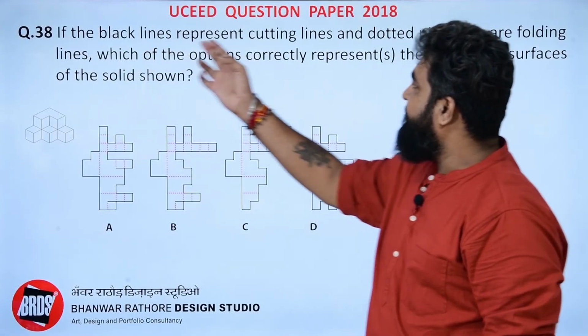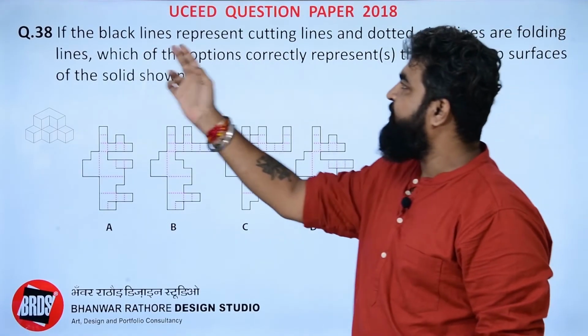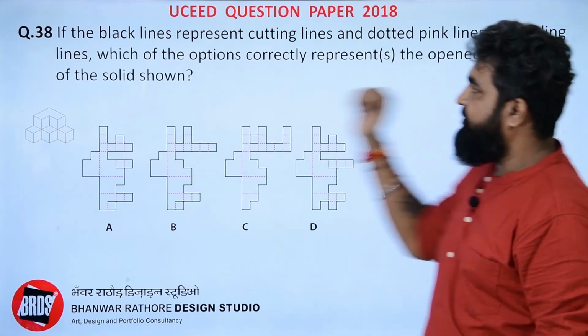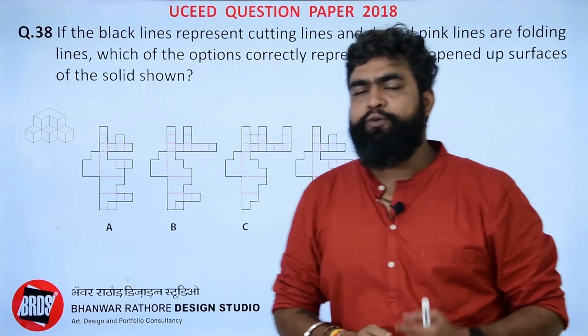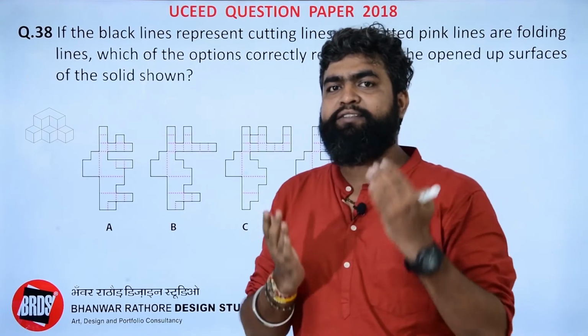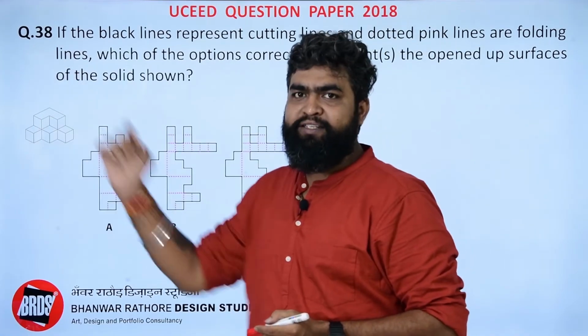If the black lines represent cutting lines and dotted pink lines are the folding lines, which of the options correctly represents the opened up surfaces of the solid shown? Here you have to understand tessellation, and based on that you have to understand what surface development can be done to make this image exactly.